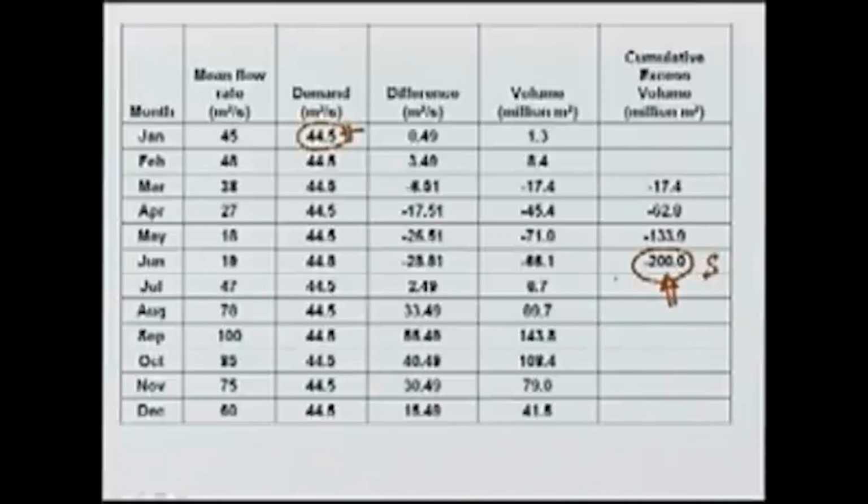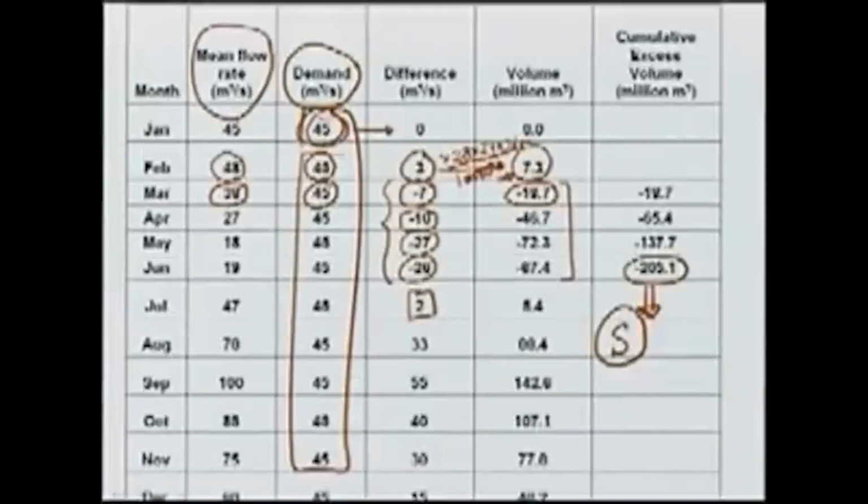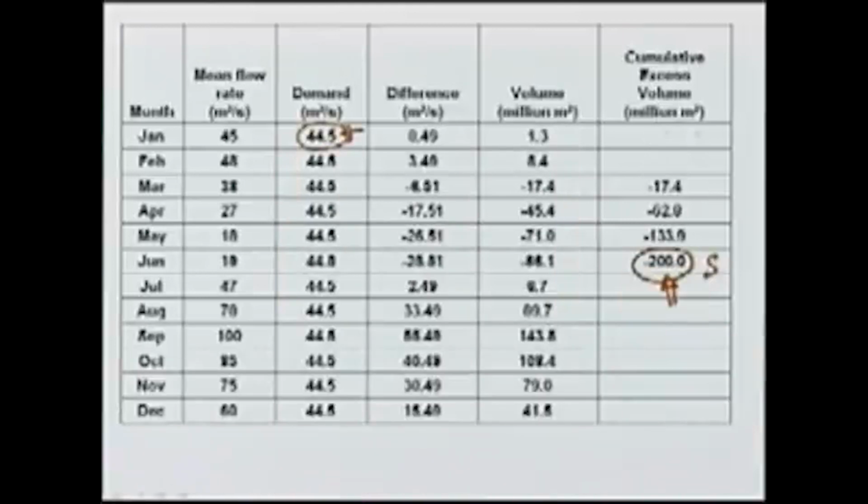So, in that case we start with any value. Suppose we have started with this 50 and we have obtained minus 284.1, or we have started with 45 and we have obtained this 205.1. One option would be to do some kind of interpolation between 45 and 50, where at 45 we have 205.1 and at 50 we have 284.1. So, a little extrapolation will give us the value for 200, but using the spreadsheets we can put any value here.